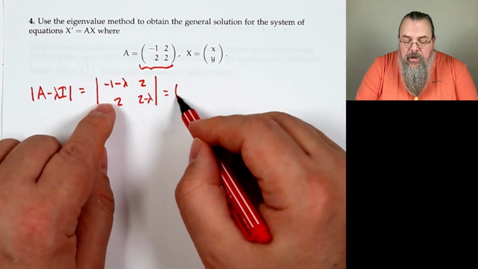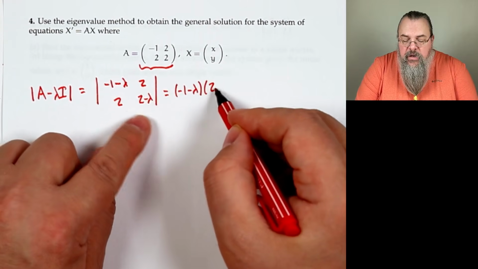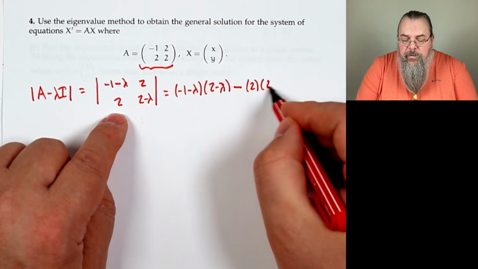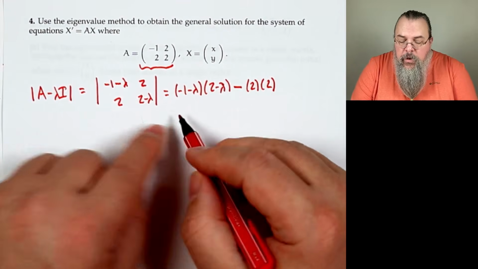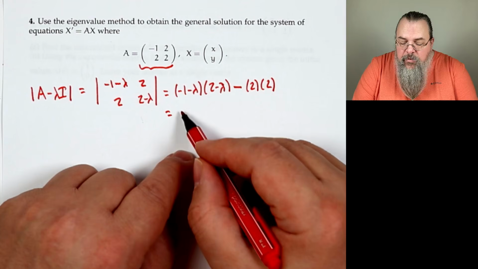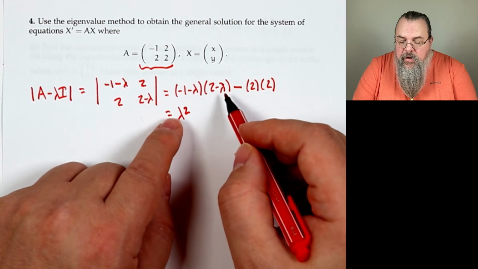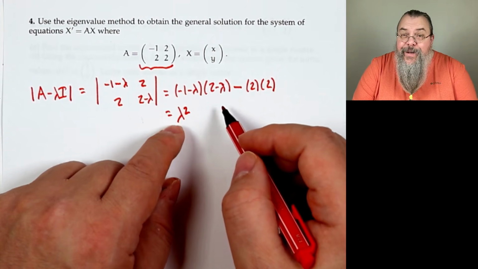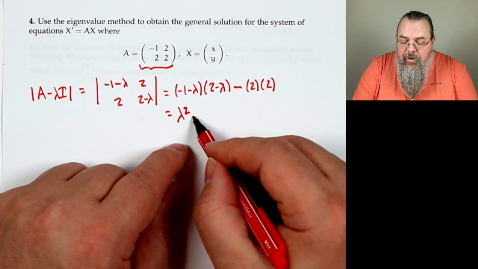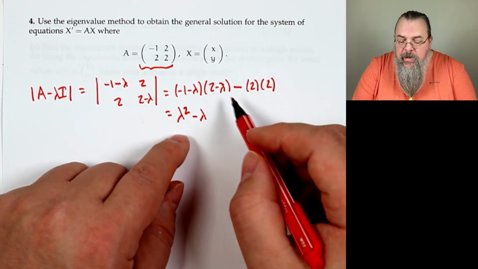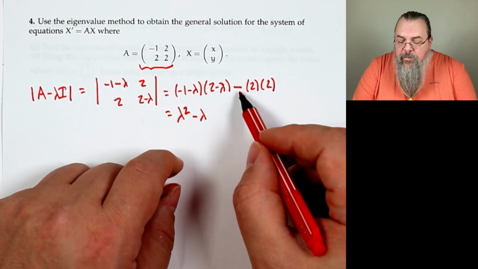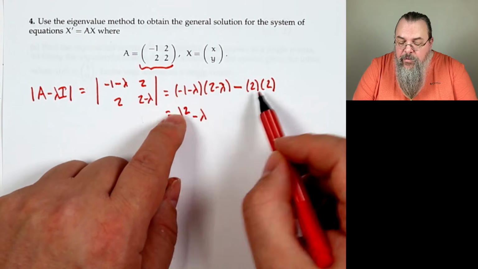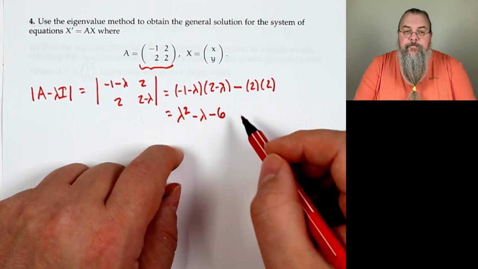We would have minus 1 minus lambda times 2 minus lambda, subtract 2 times 2. That would give us lambda squared, and then plus lambda minus 2 lambda, so minus lambda. And then we have a minus 2 and a minus 4, which makes minus 6.